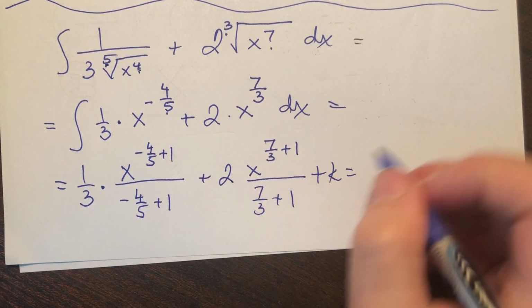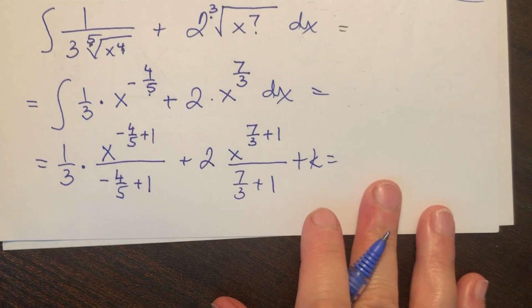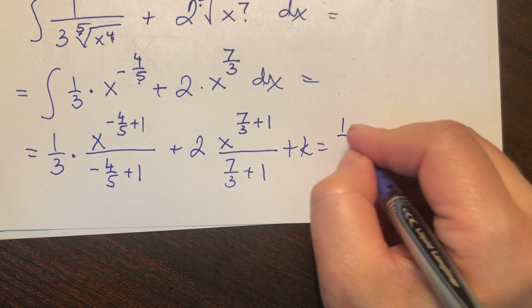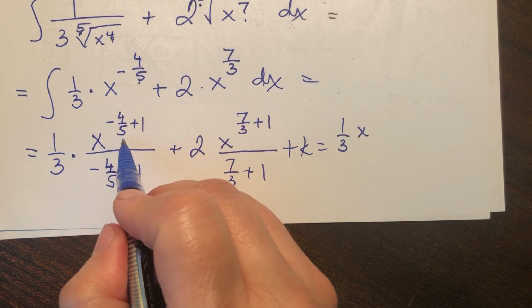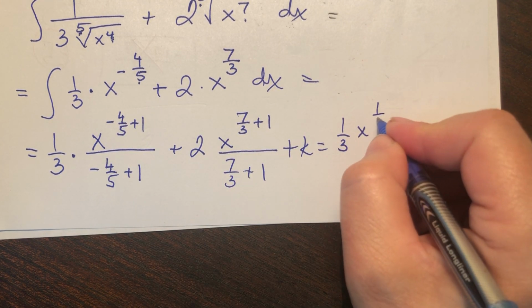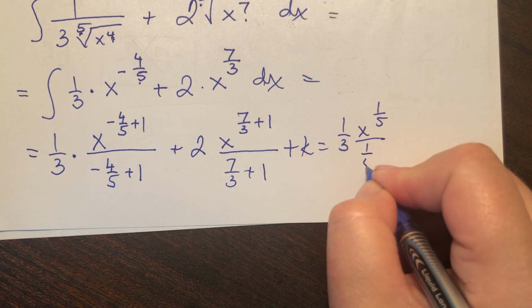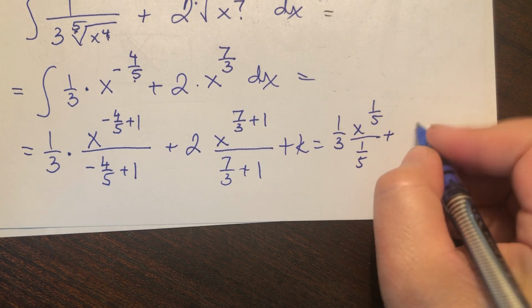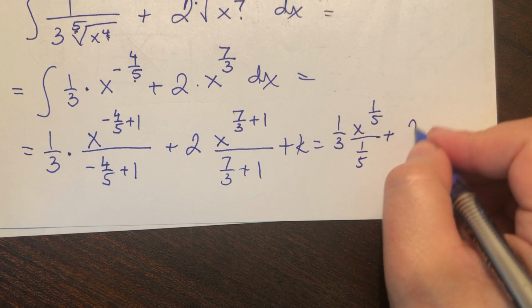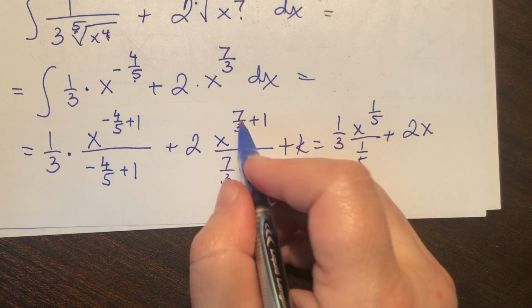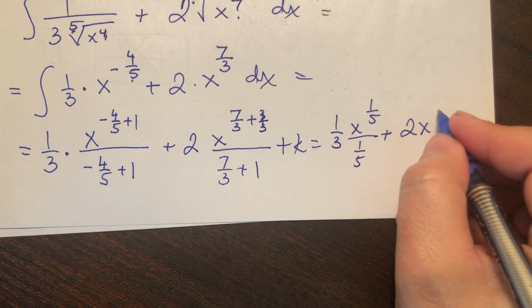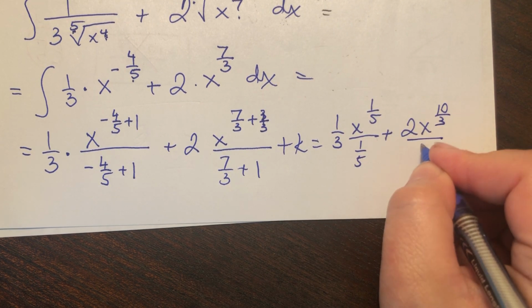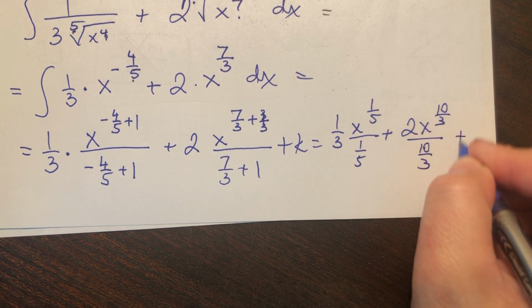Okay, so fixing this, and I'm going to be running out of space a little bit here. That's a 1/3 x to the what? Negative 4/5 plus 1 is a positive 1/5 divided by 1/5. Plus 2 x to the 7/3 plus 1. 1, remember, is 3/3. So that's 10/3 divided by 10/3. And then plus k.